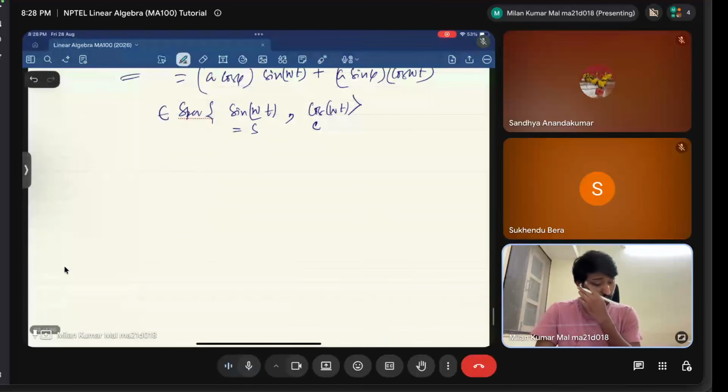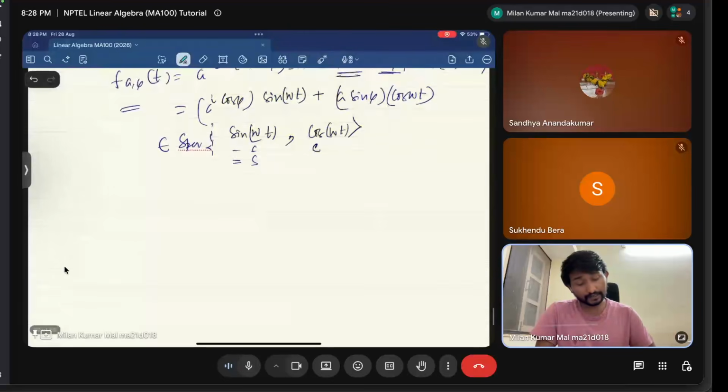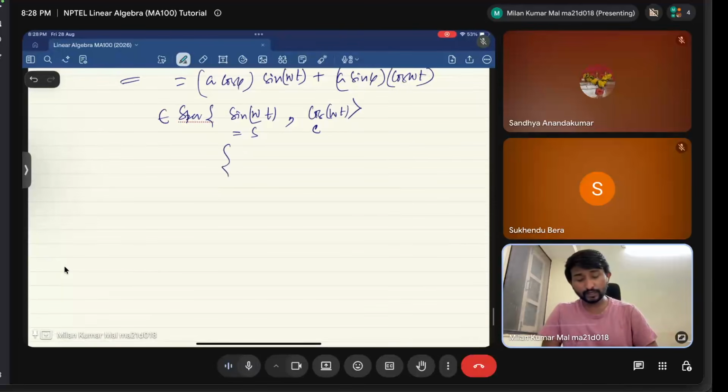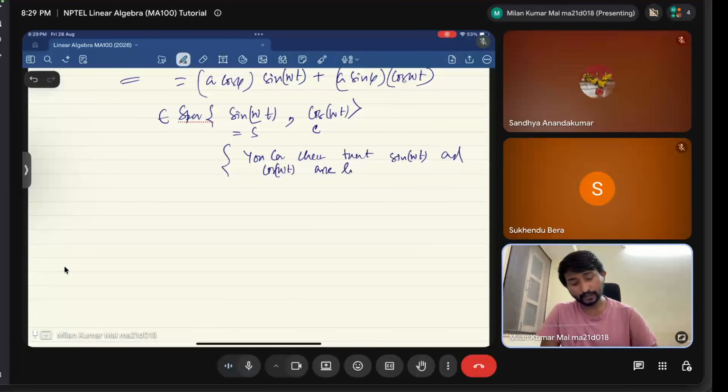It is very much true that if w is a non-zero number, you can check that sin wt and cos wt as functions of t are linearly independent.